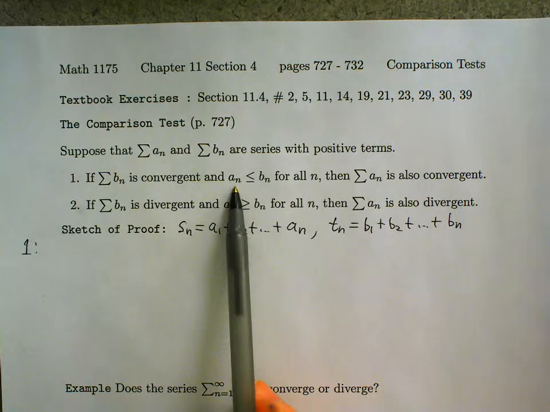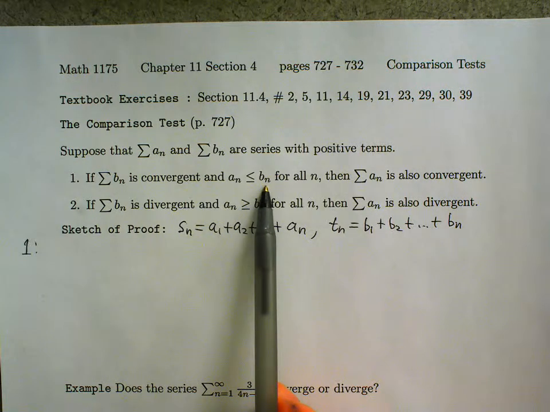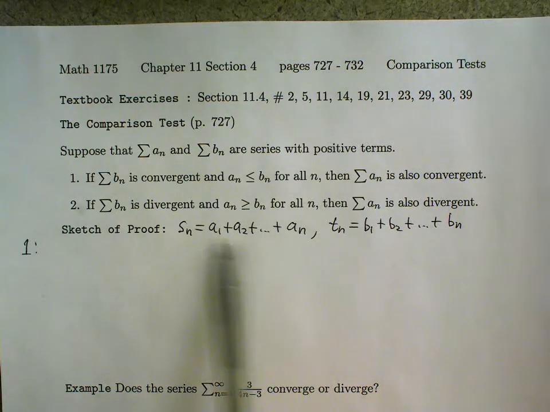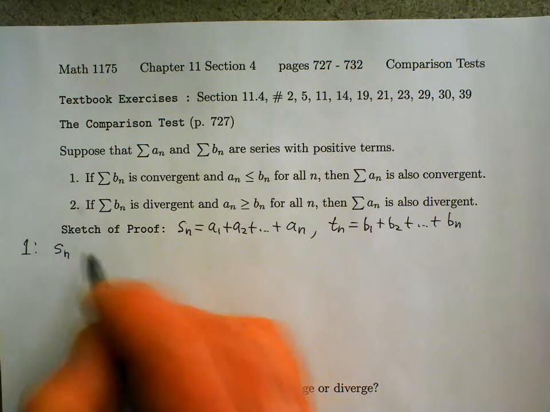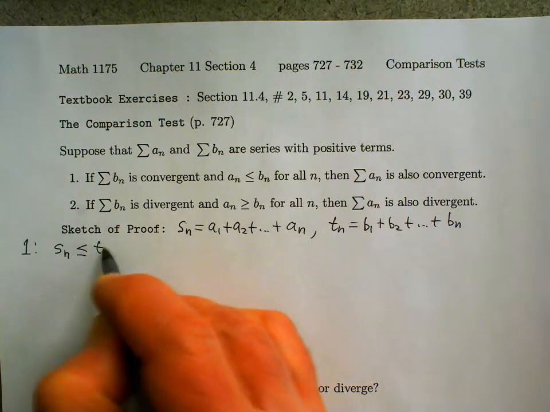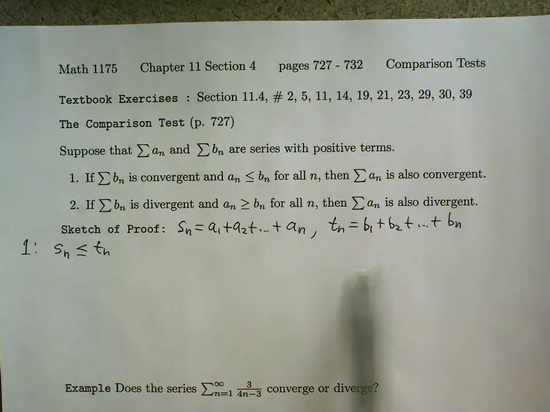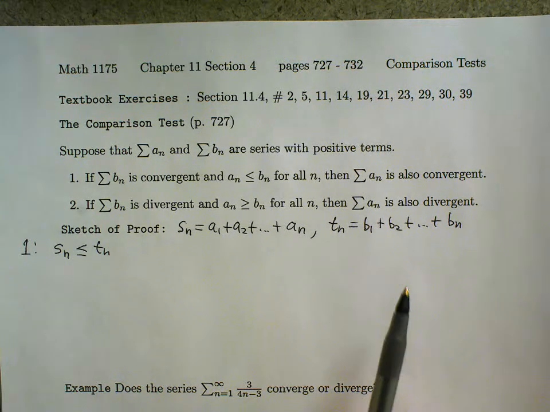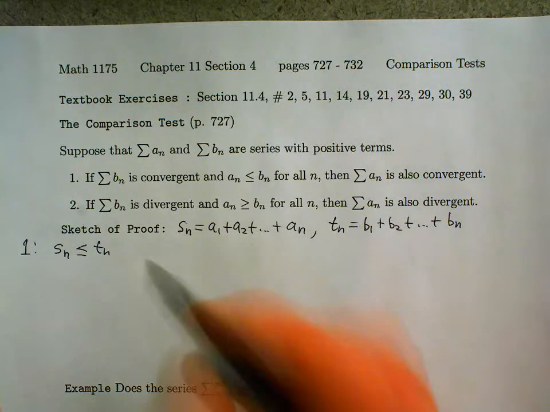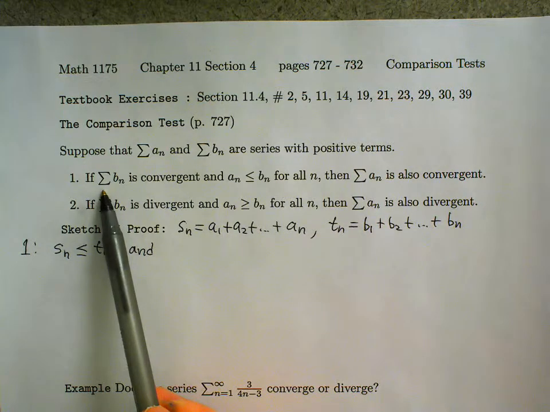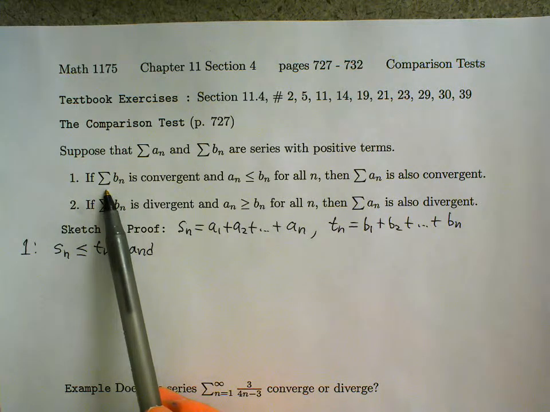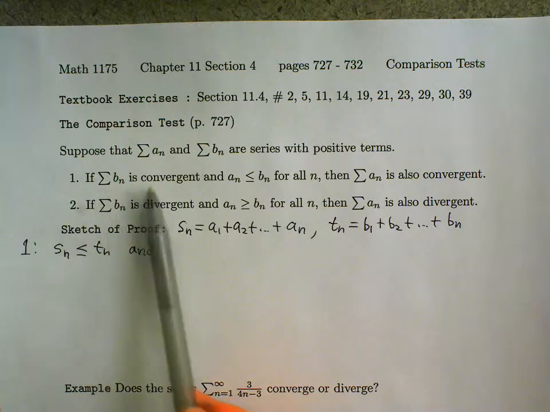Since a sub n is less than or equal to b sub n for all n, it follows that S sub n is less than or equal to T sub n for all n. And we're given that the series of the b sub n terms is convergent.